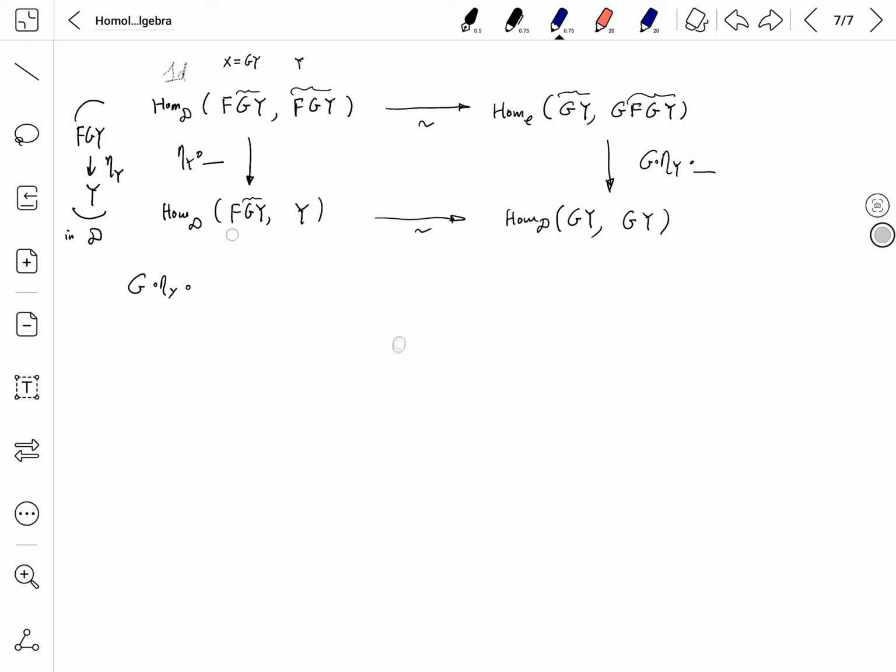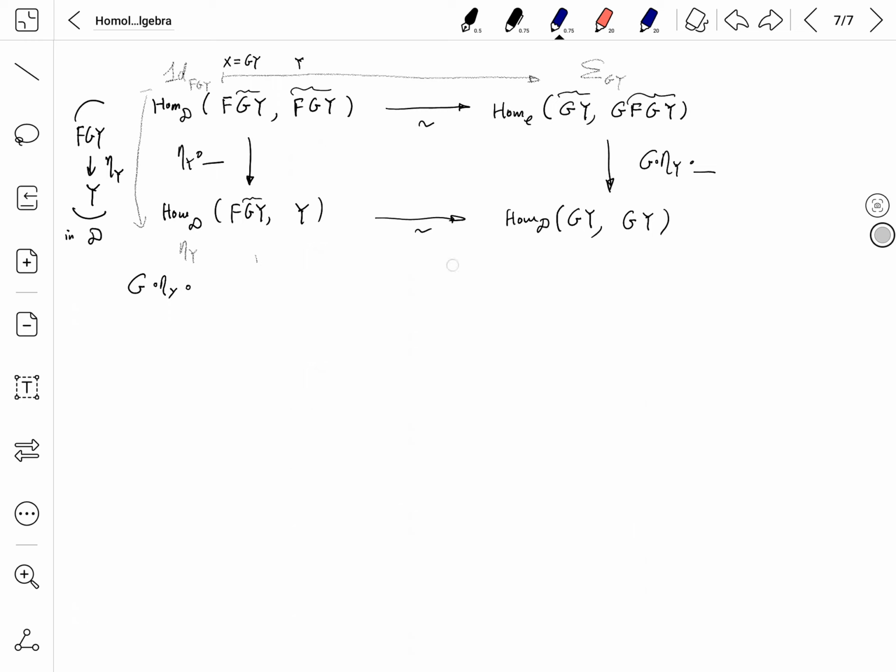So identity here, FGY corresponds to epsilon GY, and here it maps to eta Y, right?